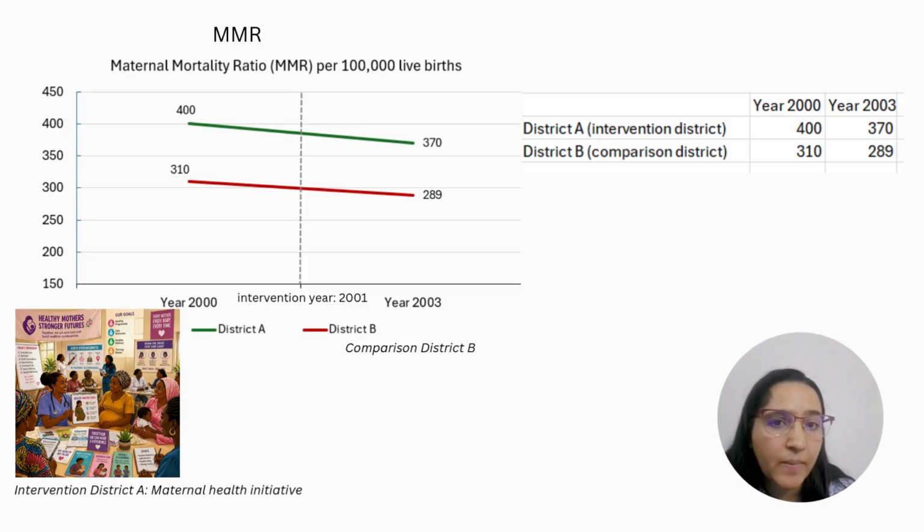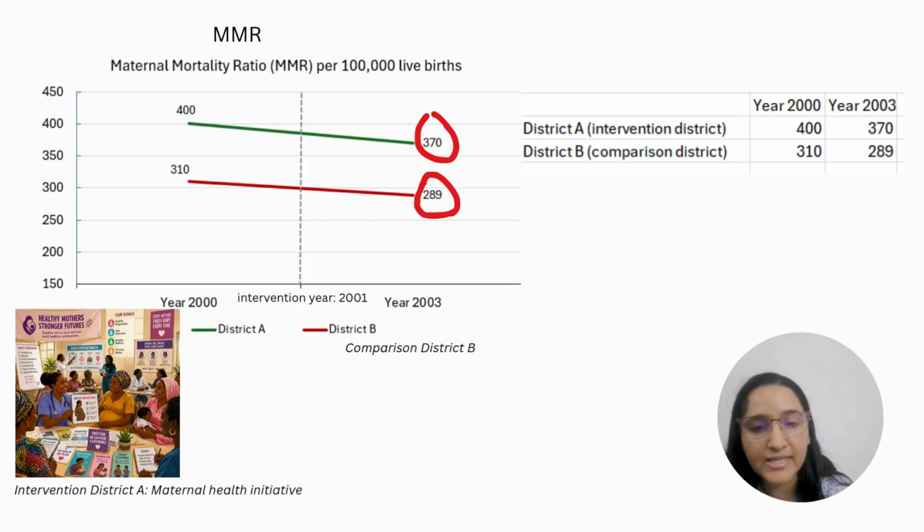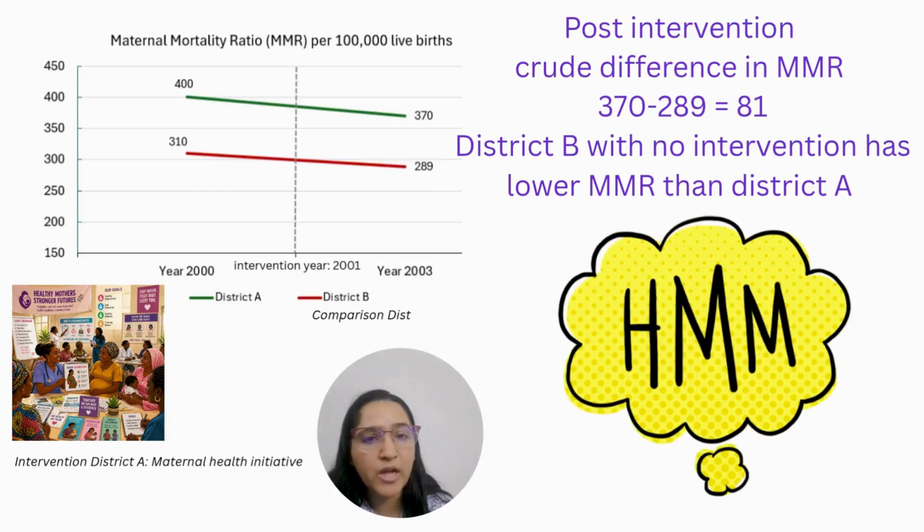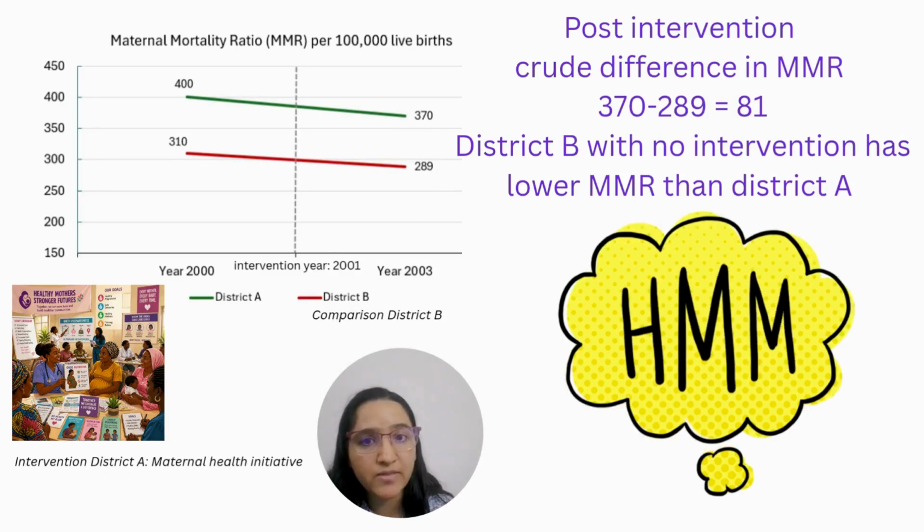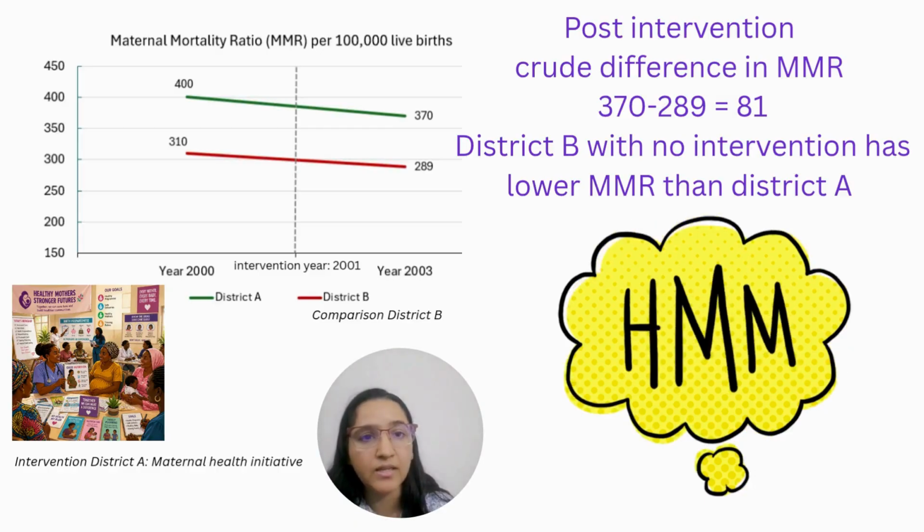So the maternal mortality ratio in year 2000 in District A is 400 and in District B is 310. And in 2003, the MMR in District A, the intervention district, is 370, and in District B, the comparison district, is 289. So here, year 2003 is the post-intervention period and year 2000 is the pre-intervention year.